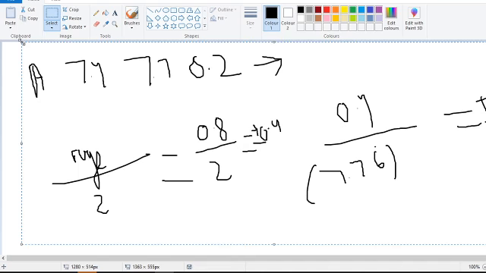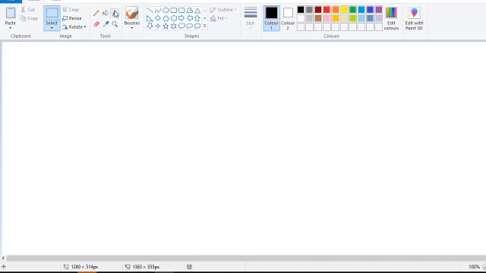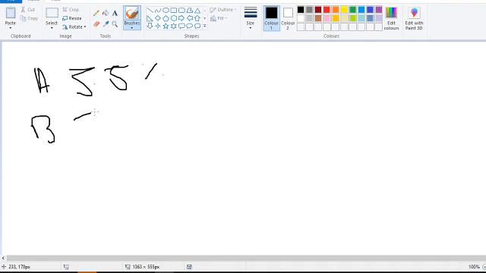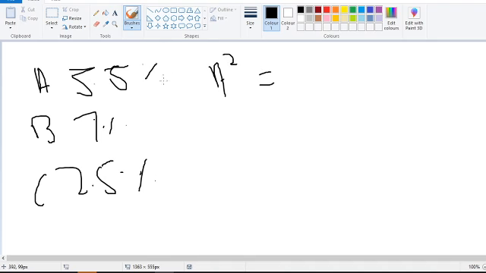Now combining uncertainties. Say the uncertainty of A was 5.5%. Let's say the uncertainty of B was 7% and C was 2.5%. To solve stuff like A squared, every time one of the letters shows up, you just add its value. So A times A shows up twice, so that would be 11.